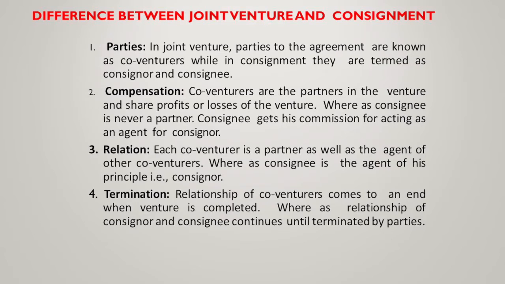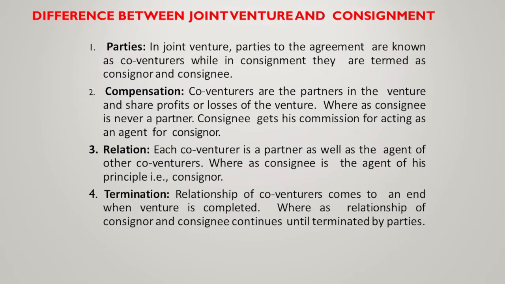Compensation: co-venturers are the partners in the venture and share profits and losses of the venture. So all the co-venturers are executing the venture, and they share profit and losses among them.